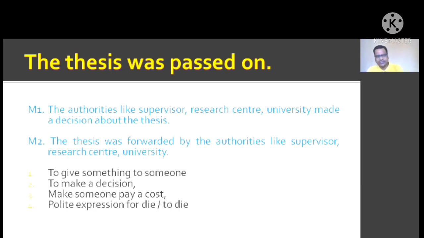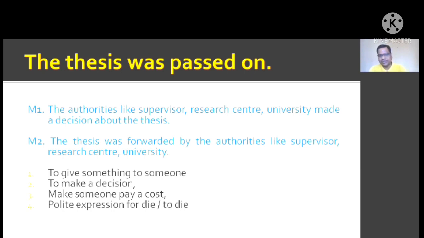Passed on means to give something to someone, right? Another meaning is to make a decision. Third meaning is to make someone pay a cost. And the fourth meaning is it's a polite expression for die or to die.